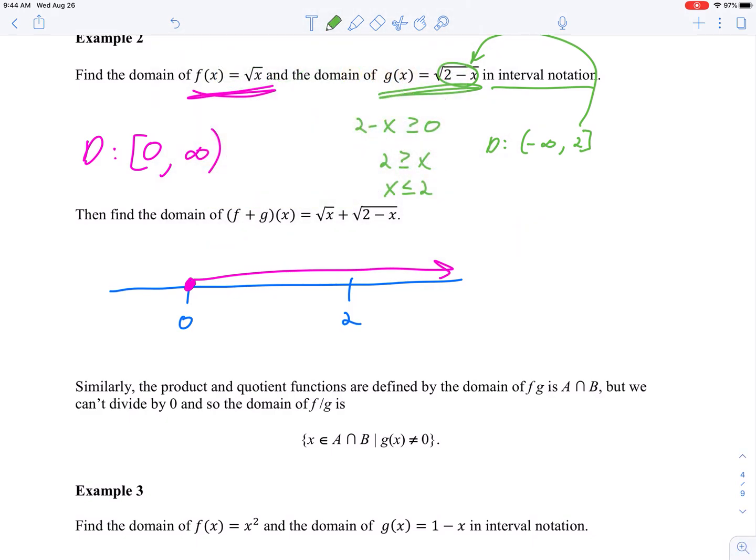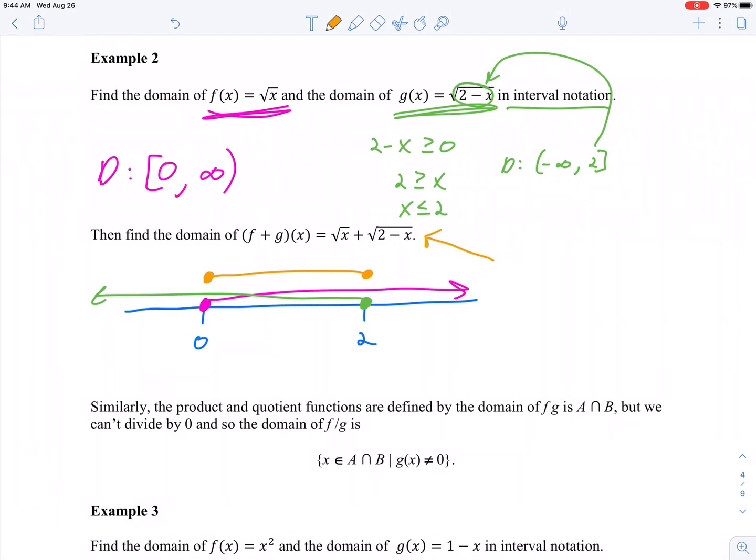The domain of radical 2 minus x was negative infinity up to 2 included. So we'll solid dot the 2, and the arrow goes that way for less than. So the overlap is right here between 0 and 2. Of course, we're including 0 and 2. So the new domain of f plus g is 0 to 2 inclusive.